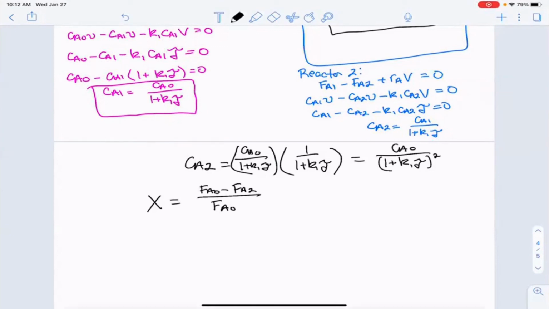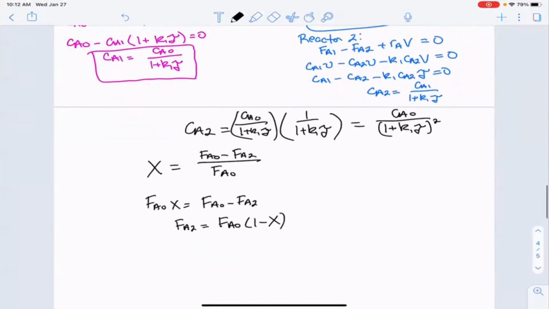If that's the case, we have FA0 times X equals FA0 minus FA2. And if we solve this, FA2 is equal to FA0 times 1 minus the overall conversion.